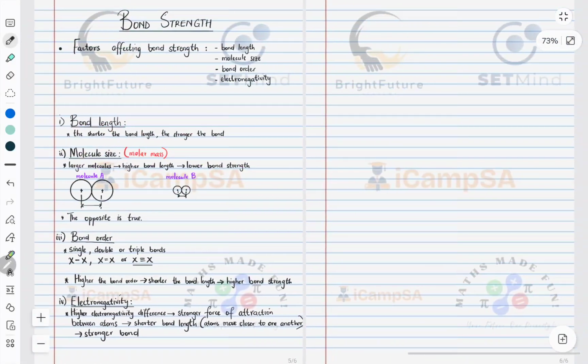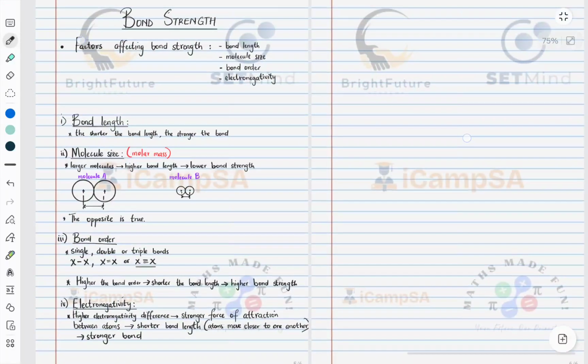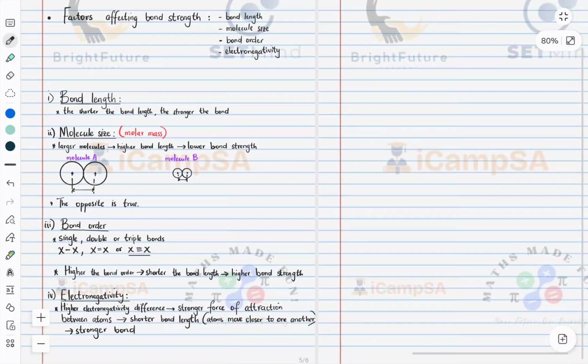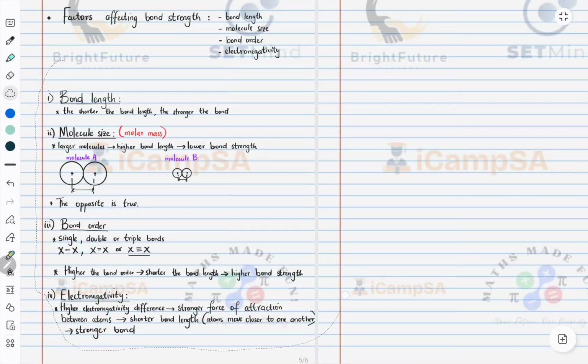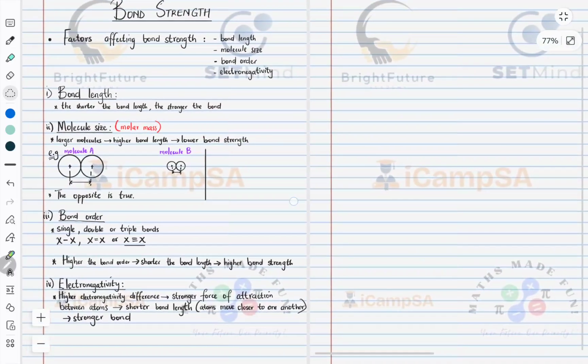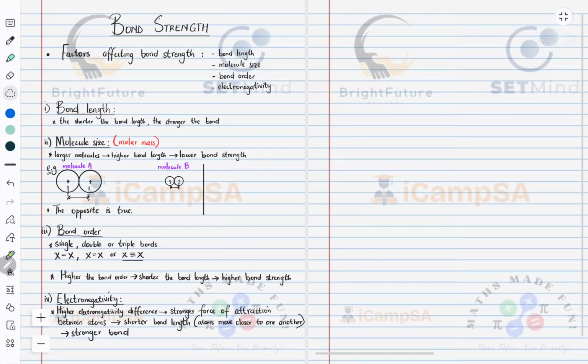All right, so these are all the factors that would likely affect your bond strength for a particular molecule where the atoms that make up that molecule are covalently bonded to each other. All right, so I think we've discussed them enough. All right, so we are pretty much done with the bond strength.